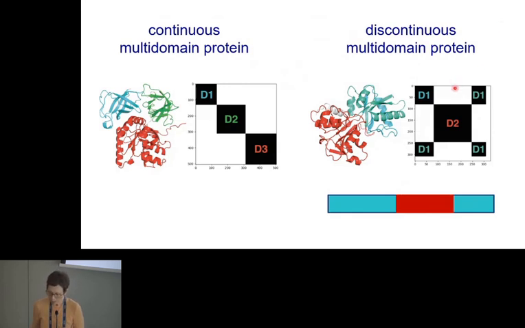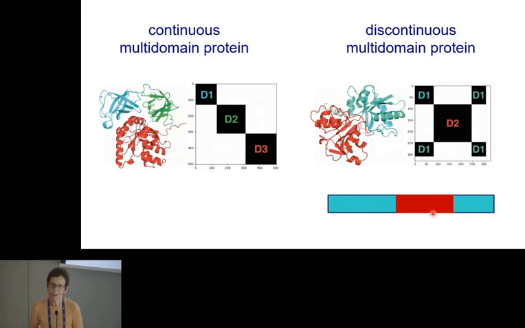This is what happens when, during evolution, you get a lot of genome or DNA shuffling, and that's how you get lots of different domain combinations. Sometimes you get shuffling of genes within another gene. In this case, you can see this red domain has been inserted within the blue domain.